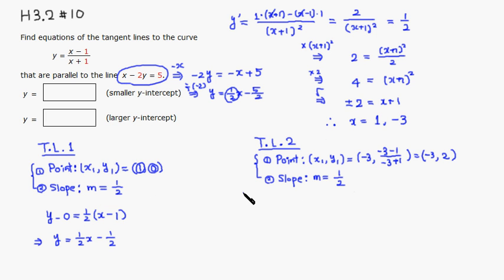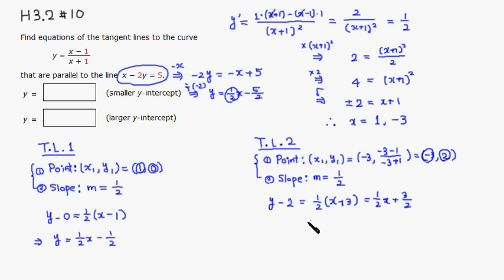The second one, again using point-slope form, is y minus y1, and y1 turns out to be 2, is equal to 1/2 times the quantity x minus negative 3, so it's going to be plus 3. If you multiply that out, you get 1/2 x plus 3/2.